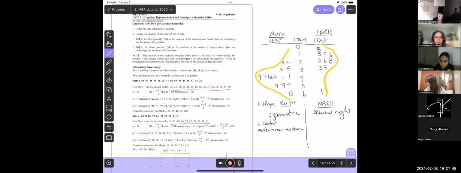So if it's symmetric, the mean, the median, and the mode are all in the same place. The mode is the class with the peak. The mean is the center of gravity, so it balances. And the median is the middle observation.